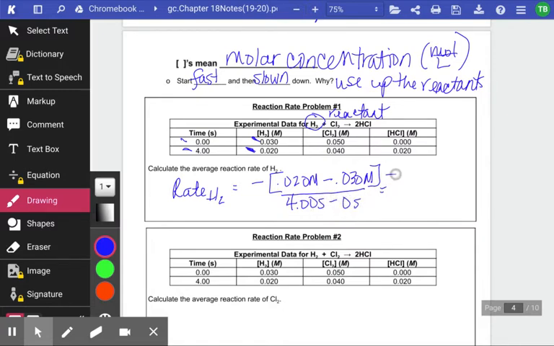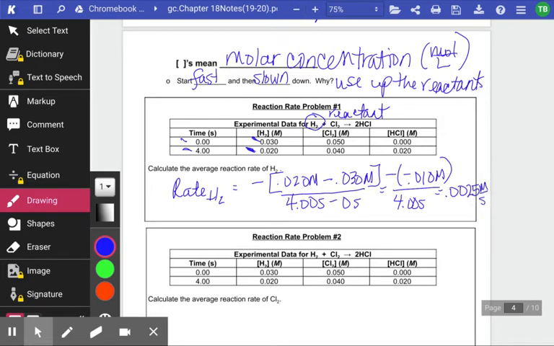That gives us a negative times negative 0.010 molar over 4.00 seconds. That comes out to be 0.0025 molar per second.